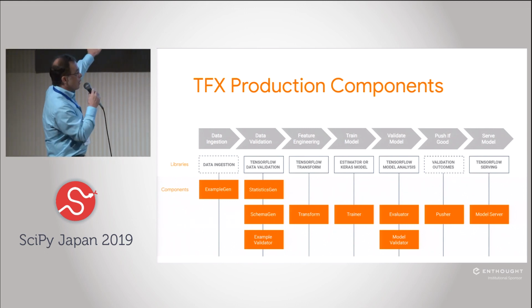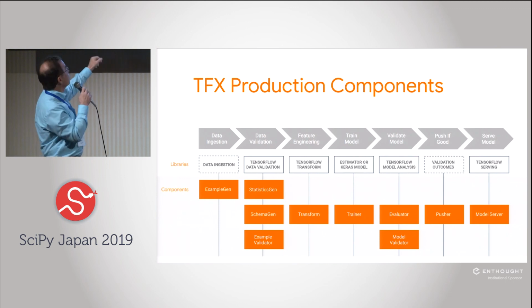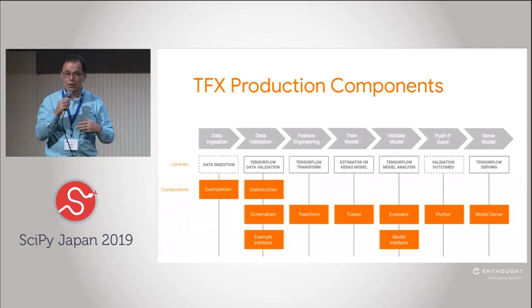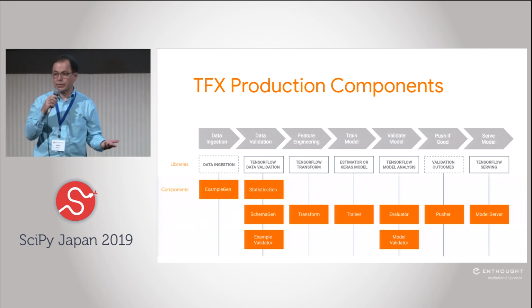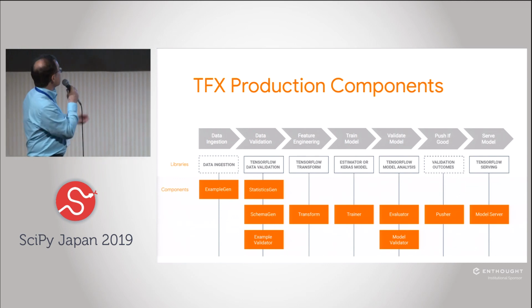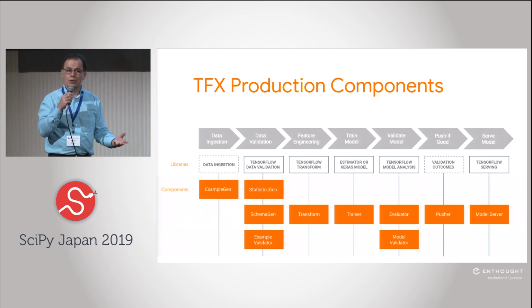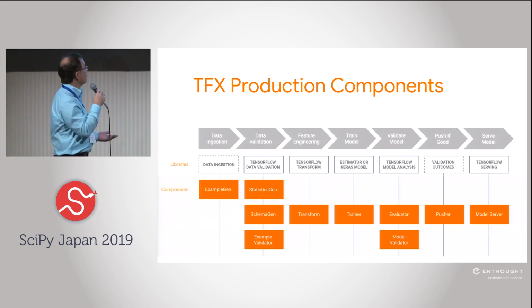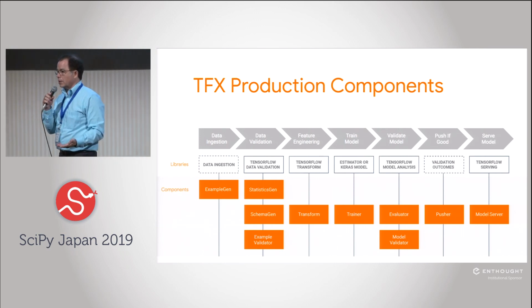So you start by ingesting data, reading in data, and move through data wrangling, so validating the data, looking for problems, looking for anomalies, missing values, and then you're going to do feature engineering. And finally, you get to the part that you thought about at the beginning, training your model.